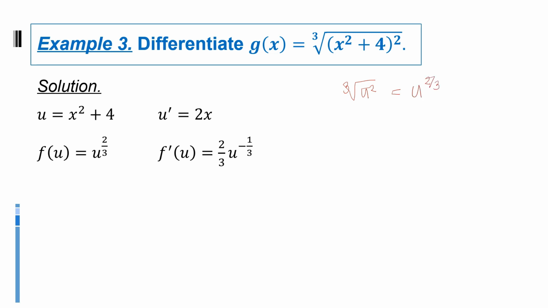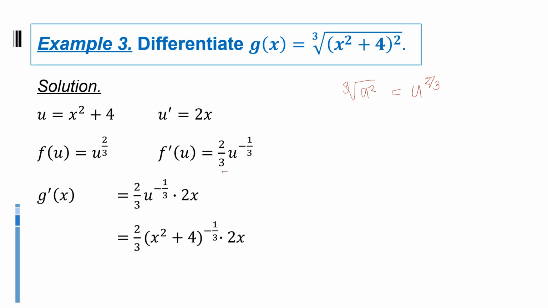Mas madali kung u raised to 2/3 kasi ang gagamitin natin. Ang ating u prime is equal to 2x at ang ating f prime of u is equal to, using power rule lang yan, 2/3 u raised to negative 1/3. Therefore, g prime of x is equal to 2/3 times u raised to negative 1/3 times 2x.